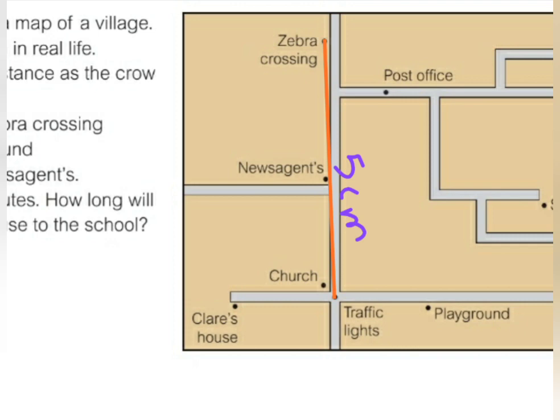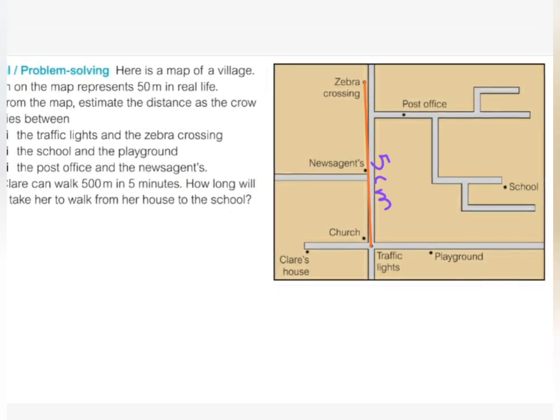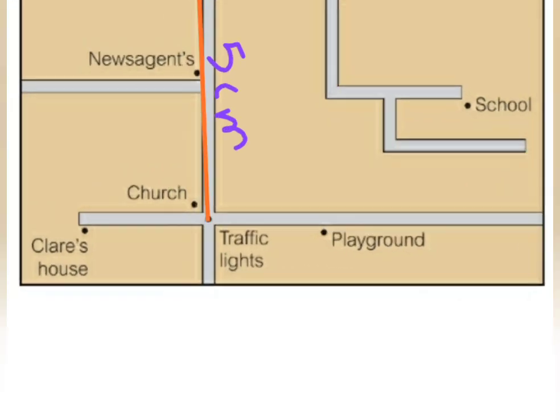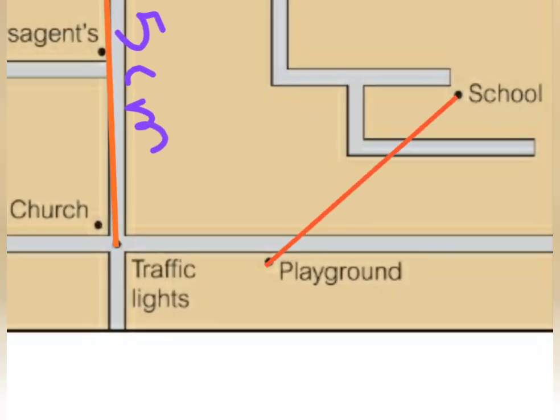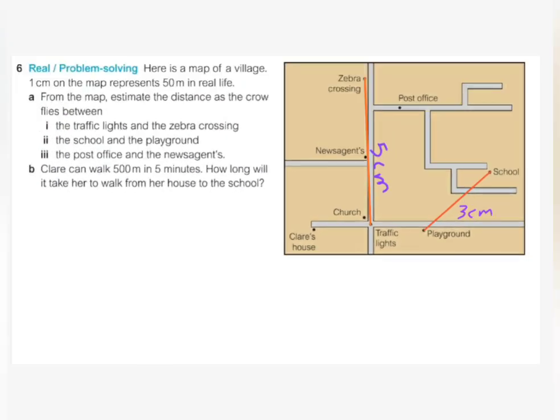Let me first give you the lengths between the lines. First, we have zebra crossing, traffic lights. Second one, we have school and playground, which is here. Like this, yes. School and playground, it's 3 centimeters. And then the last one, we have post office and news agents.